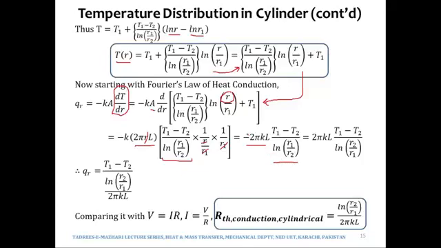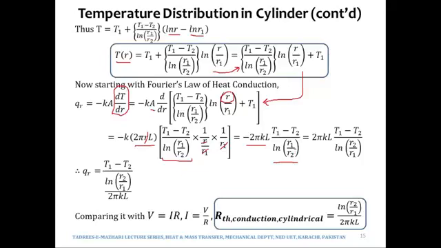Now if we take this negative sign over here, we will not write it as T2 minus T1. Why? Because if the heat is going out radially, it means that T1 is greater than T2. But what you will realize is that if you take a look at the denominator, R1 will always be less than R2 because R1 is inner radius and R2 is outer radius.